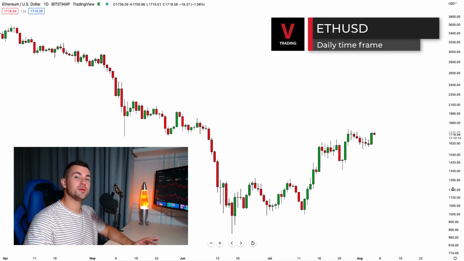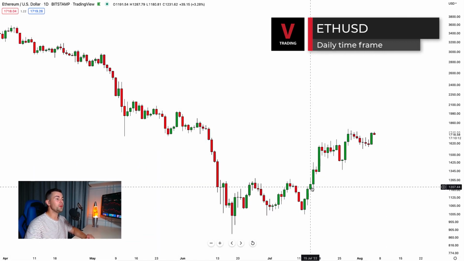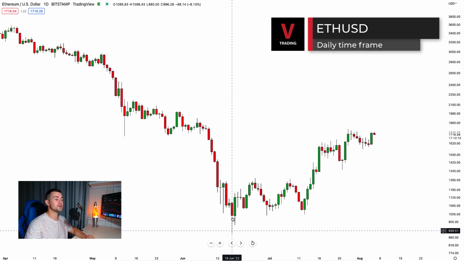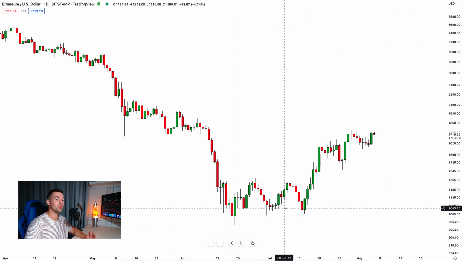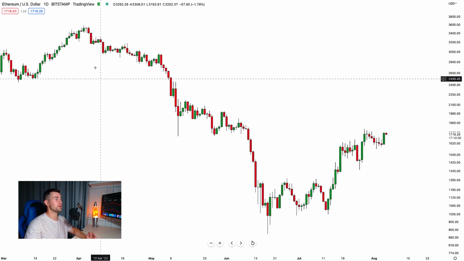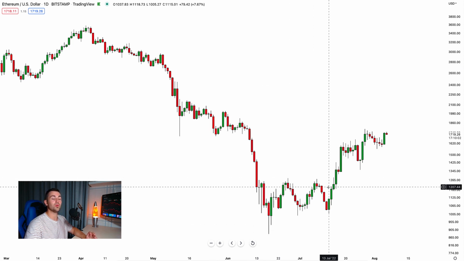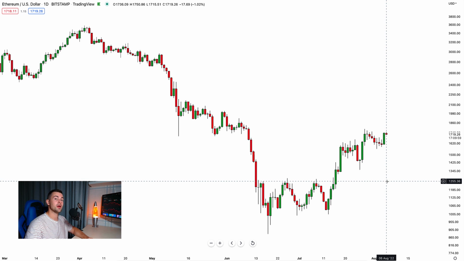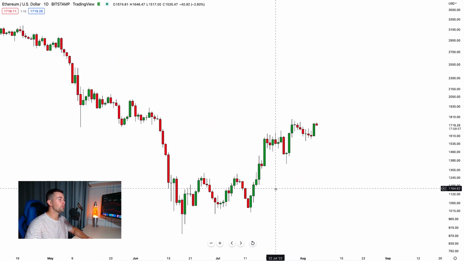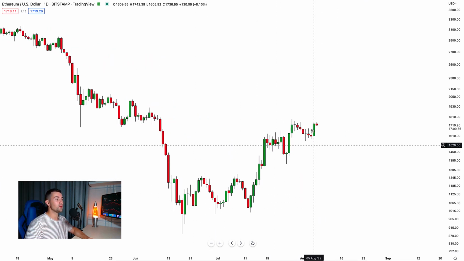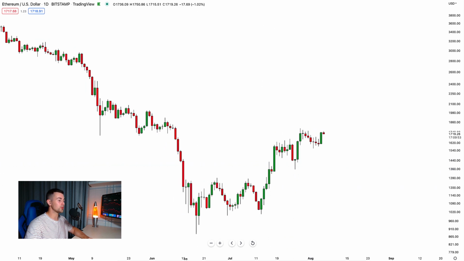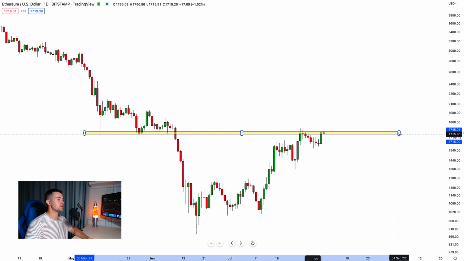Now let's briefly discuss Ethereum. The point is that Ethereum is nicely recovering from the middle of June after the strong bearish rally. Once the market reached that support, the market started to trade in a minor bullish trend. But the problem is that even though we are trading in a minor bullish trend, ahead is a very strong key structure resistance.